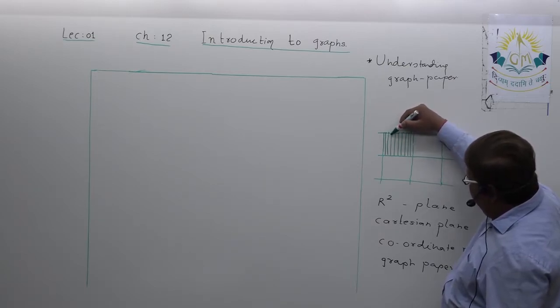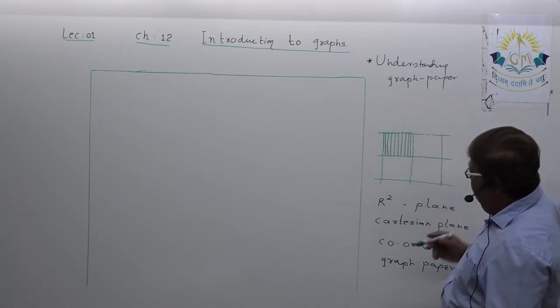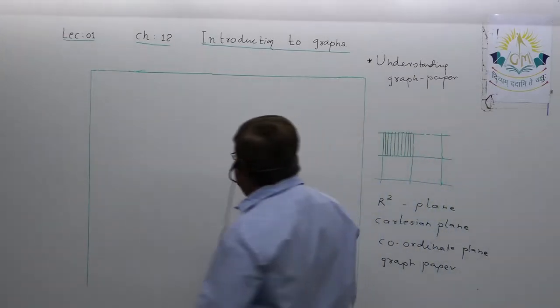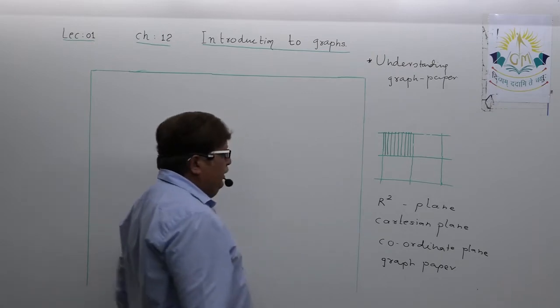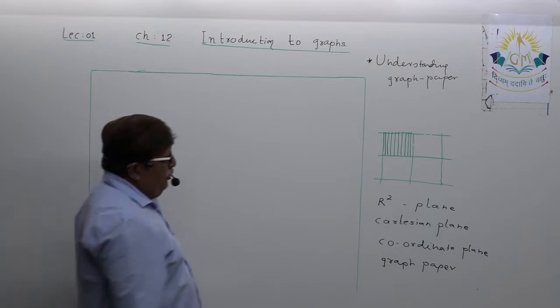1, 2, 3, 4, 5, 6, 7, 8, 9, 10. You will see in your graph paper. I just want to give you the hints for that. Understand? You just look at the graph paper.